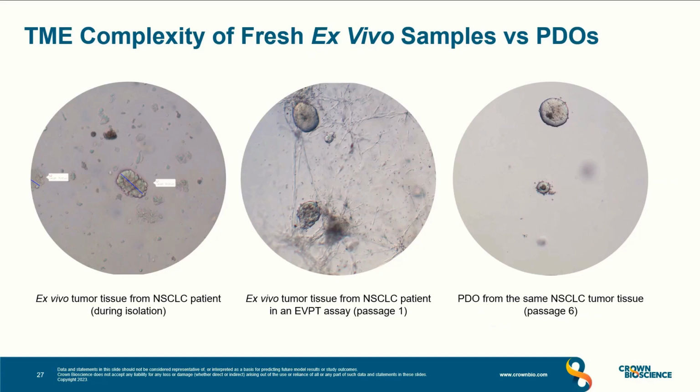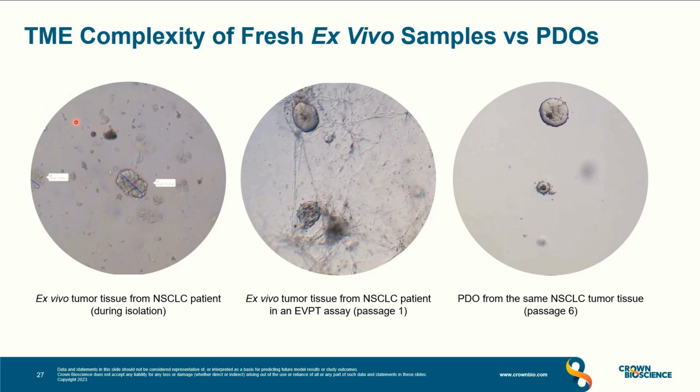As I'm reaching the end of this talk, I would like to show you these images from our research highlighting the differences between fresh ex vivo cultures and the patient-derived organoids. On the left, you can see an image of a suspension generated during our tissue processing protocol.